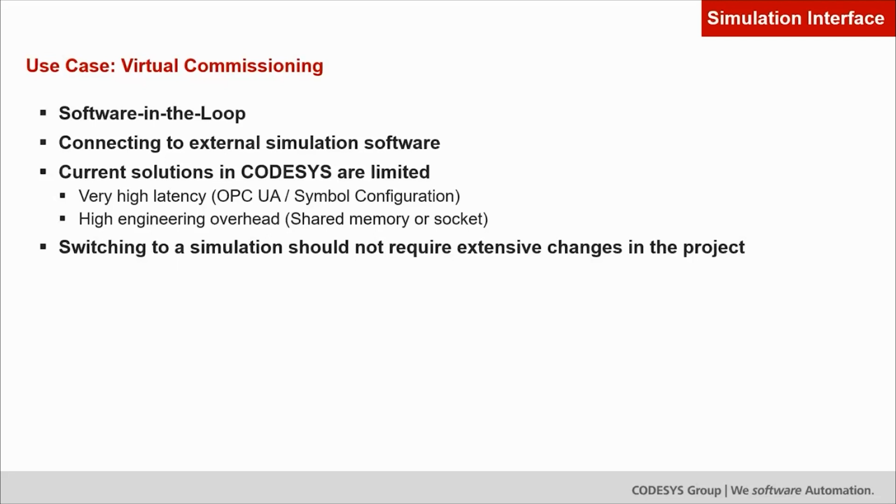They either have a very high latency, for example, using a combination of OPC UA and our symbol configuration, or they have a very high engineering overhead because the project needs to be changed. And the explicit goal of this virtual commissioning support is to enable this use case without having to do extensive engineering changes to the project itself.